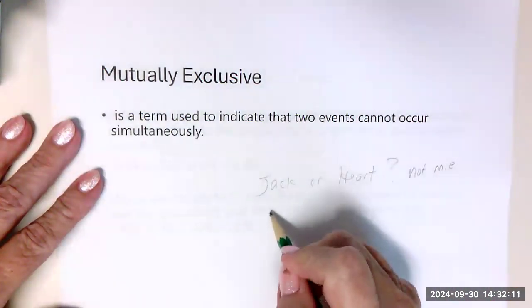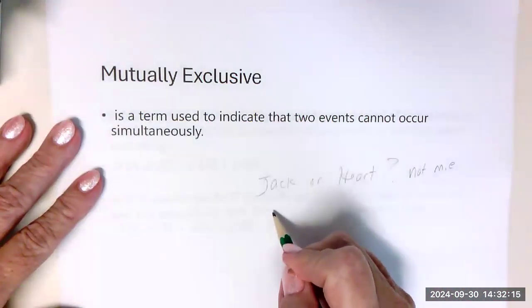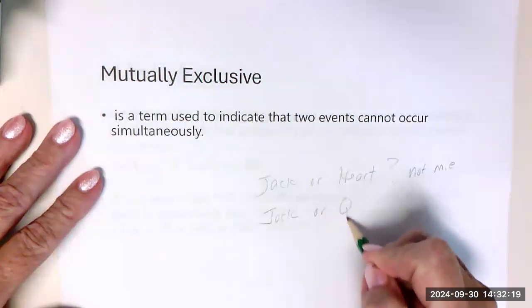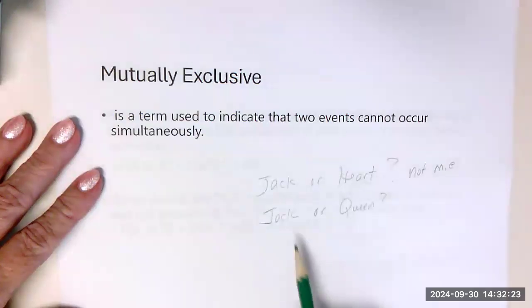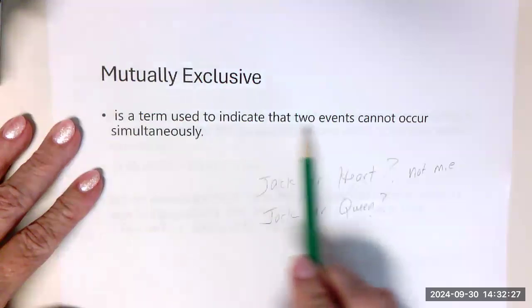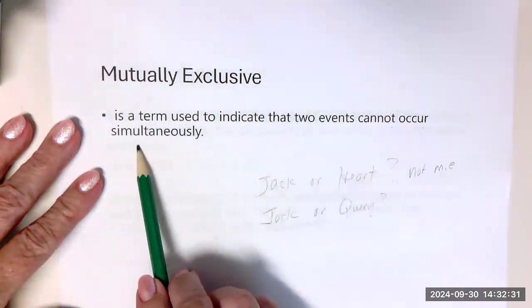But if you're trying to figure out the probability of getting a jack or a queen, right? Say you're trying to figure that probability out. These are mutually exclusive. They cannot occur at the same time, cannot occur simultaneously.